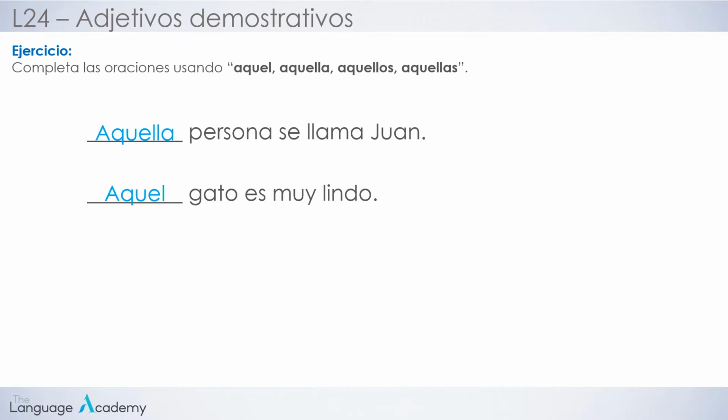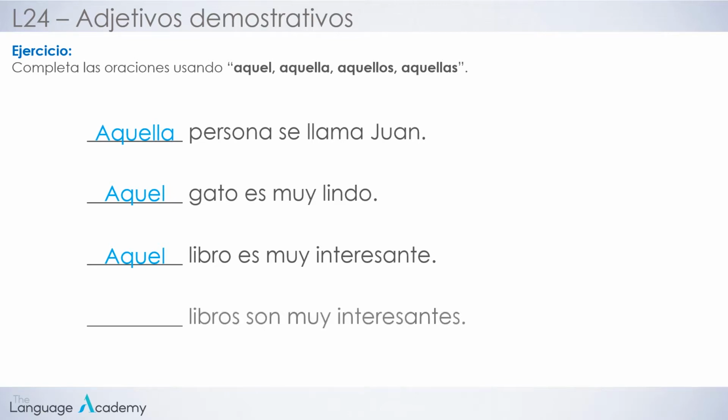Aquel gato es muy lindo. Aquel libro es muy interesante. Aquellos libros son muy interesantes.